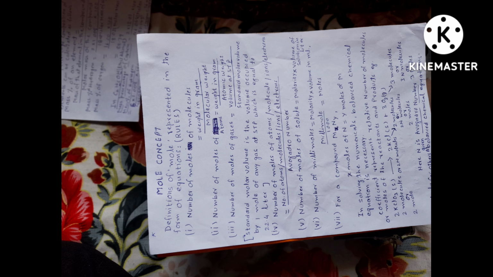Then M x means C2 and N y means H6. In a general way we say M x N y, where x is the subscript of M and y is the subscript of N. Just like C2H6, here 2 means x and 6 means y. This is called M x N y, generally in compounds or molecules.